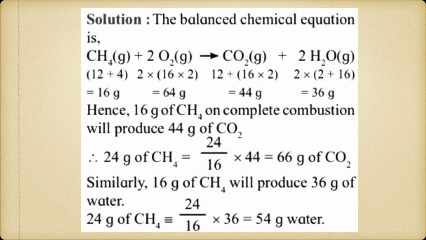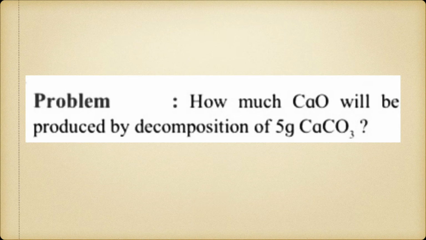Okay, next problem. How much CaO will be produced by decomposition of 5 gram of calcium carbonate? CaO is calcium oxide, otherwise called quicklime or simply lime. So what is the reaction? First we have to understand.